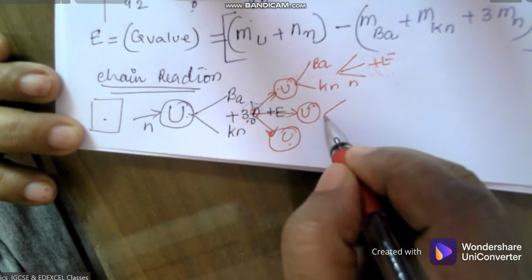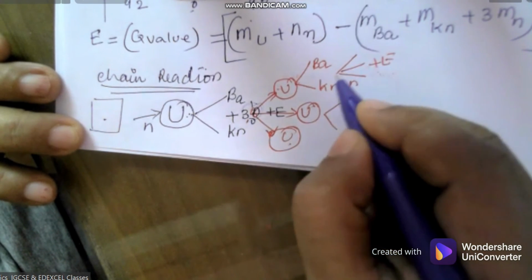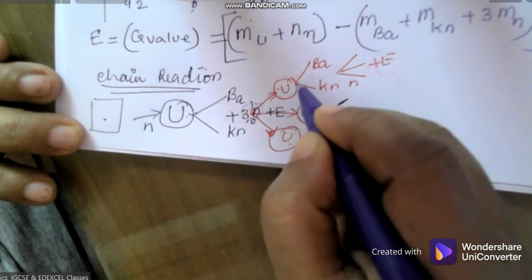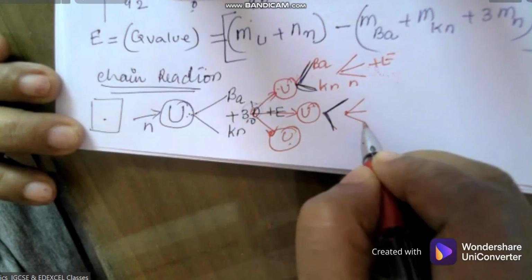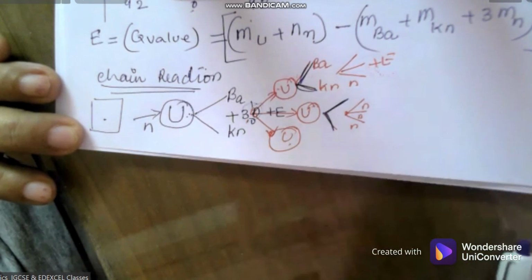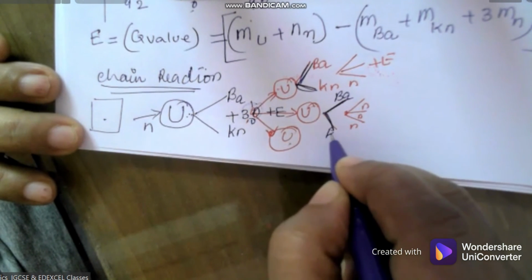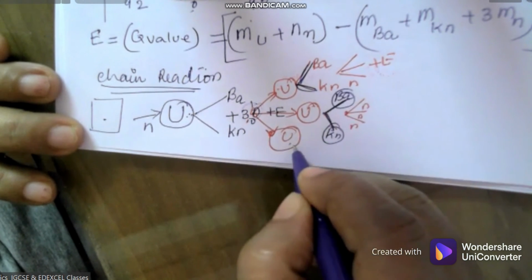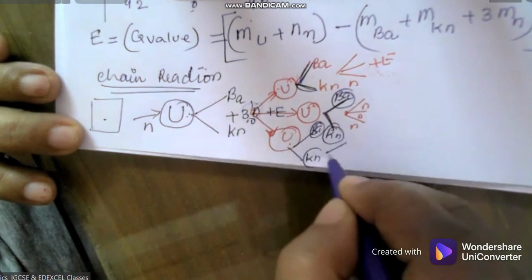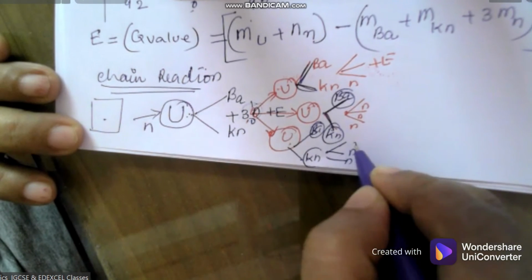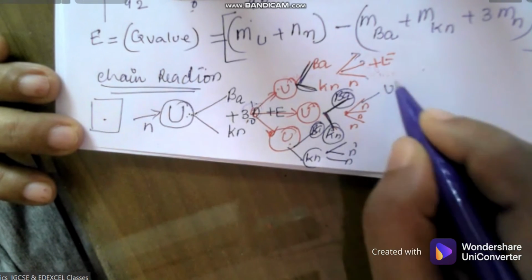This also will break down to barium, krypton, and 3 neutrons. This also can break down to barium, krypton, and 3 more neutrons. Now each of these 3 more neutrons are capable of hitting other uraniums.